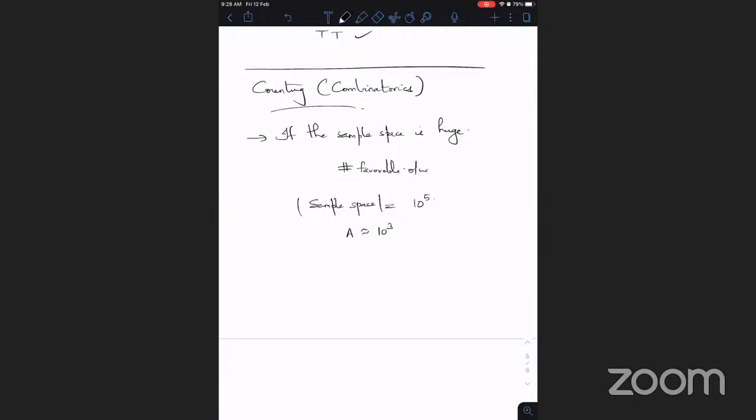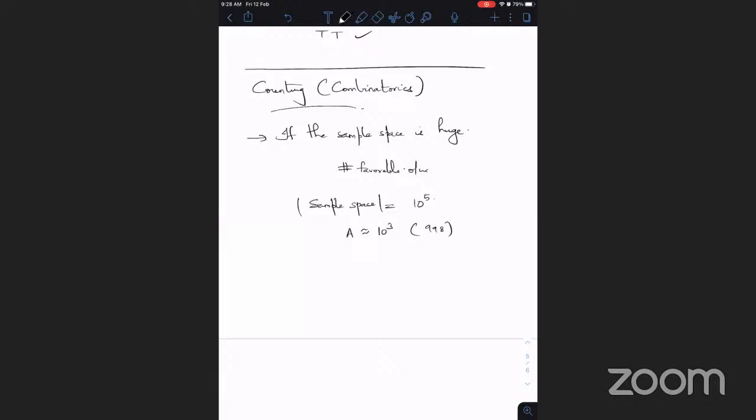So it's roughly around 1000. But if it's actually 998, we should be able to figure out that it's 998, right? And it's a hard counting problem. You can't just list out all the outcomes and do this. So you need efficient techniques to do that. That's why counting is important in probability.